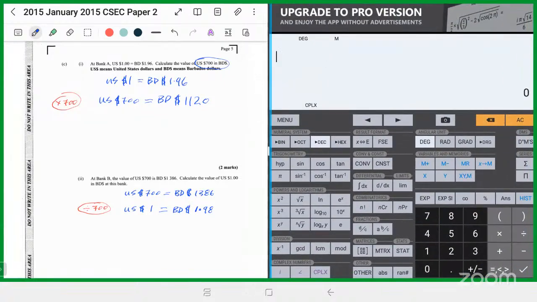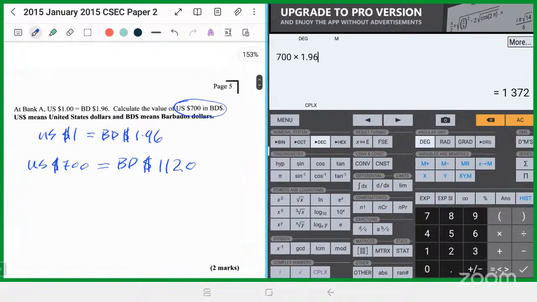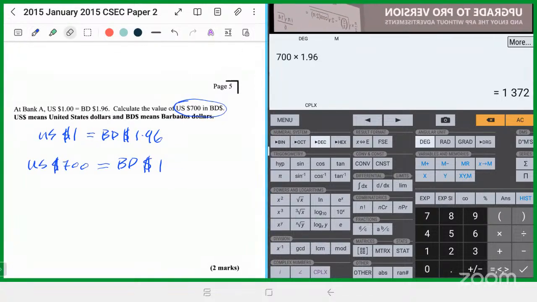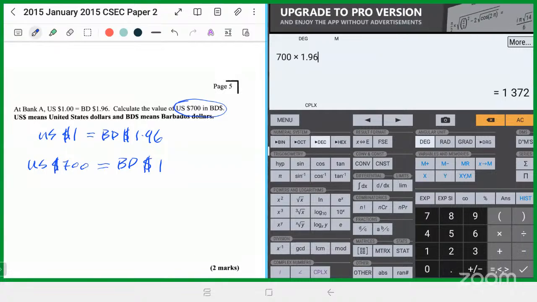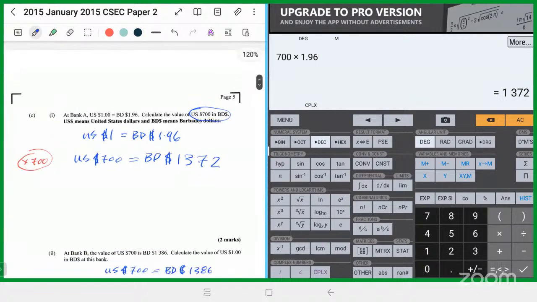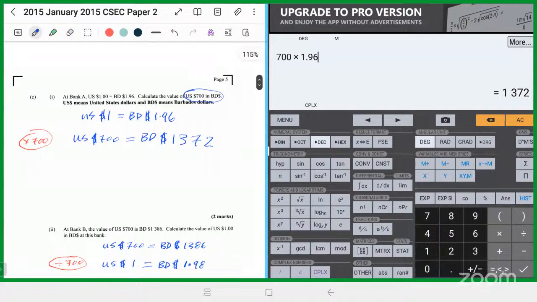So it's 700 times 1.96. Okay, I made a mistake. It's supposed to be 1,372. I don't know what I entered the first time, but that is the correct figure. I was doing the right thing, but I entered the wrong figure in the calculator.